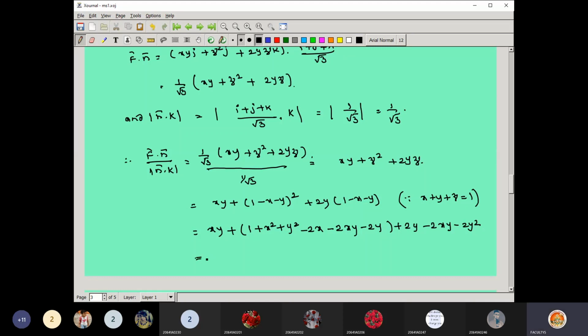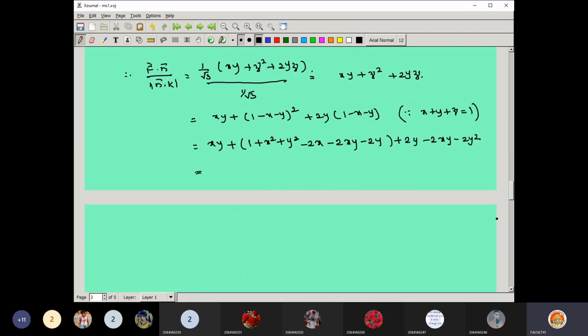Do the simplification, then only we can move to the next value. First xy, here also minus 2xy, minus 2xy. So totally minus 4xy, and this is minus 3xy, so one xy is cancelled.